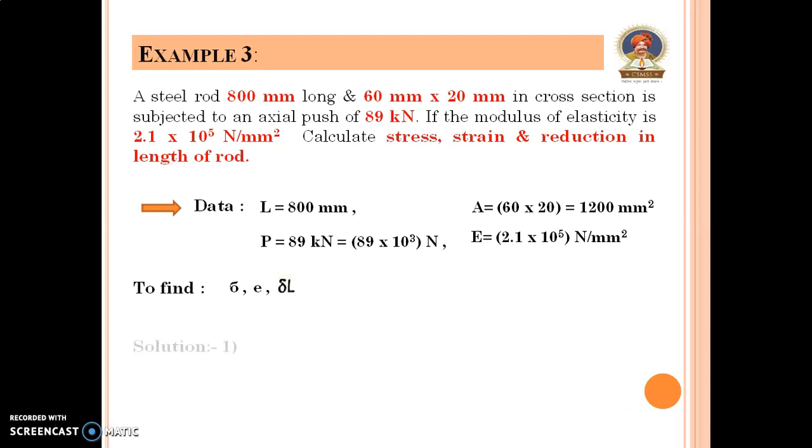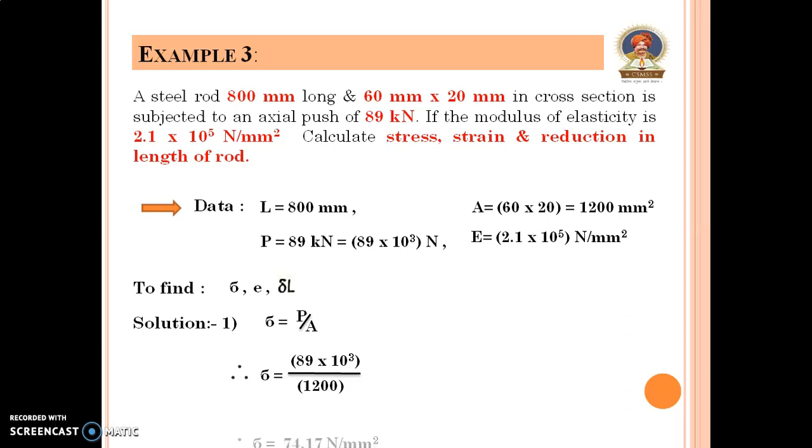As we know that the stress, that is sigma, is equal to P by A. So put the value of P and area in this equation. So stress is equal to 89 into 10 raised to 3 upon 1200. Therefore the stress is equal to 74.17 Newton per mm square.